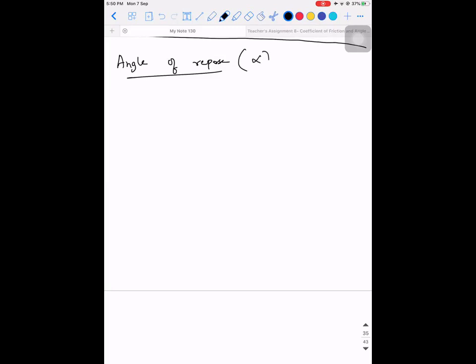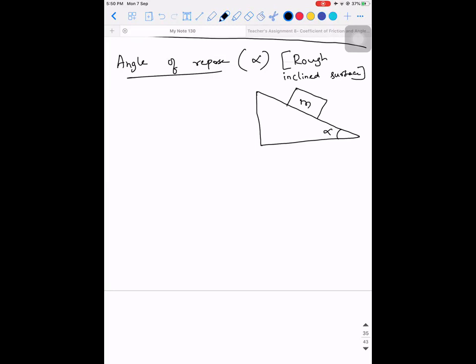Generally, it is represented by the symbol alpha. See, the concept of angle of repose comes when the object is kept on a rough inclined surface.